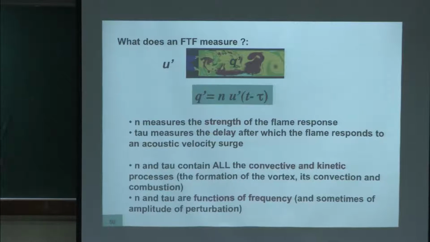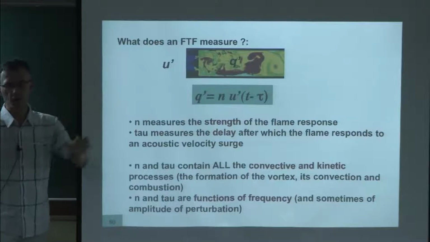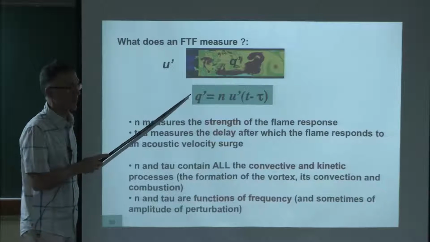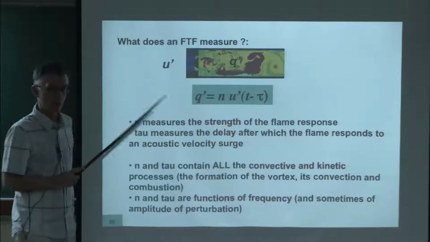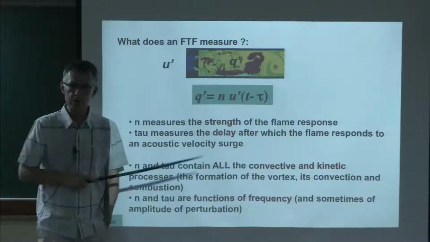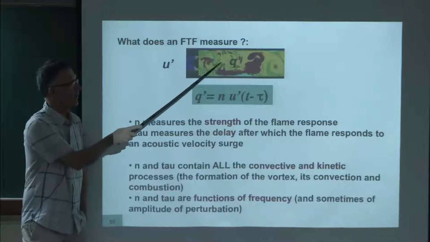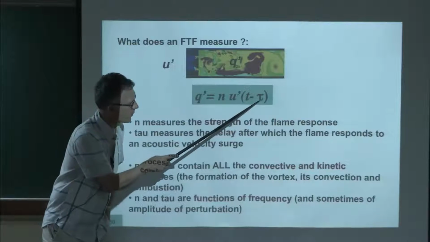Now, what does an FTF really measure? There are huge discussions in the community about that. A priori, it seems simple. You give me a U prime, I give you a Q prime, and I will tell you also two things. If n is big, I will tell you, be careful, because any small change of velocity here is creating a big change of Q prime. That's dangerous. And it also tells you something else, tau.